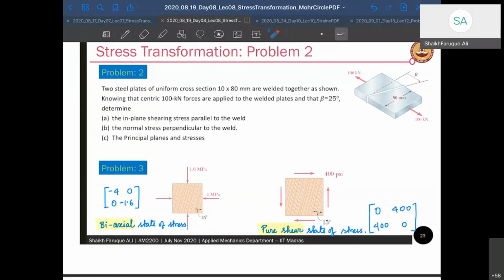Determine the in-plane shear stress parallel to the weld, and the normal stress perpendicular to the weld. So that means sigma x and sigma y both you have to find. And the principal plane stresses. So you have to then find the principal planes. That means you draw a Mohr circle and you can do it. Okay, this problem please solve it.